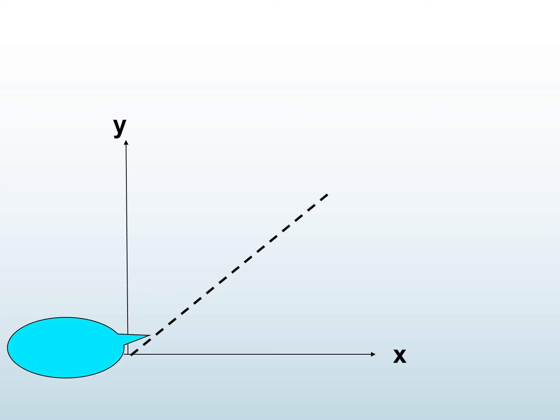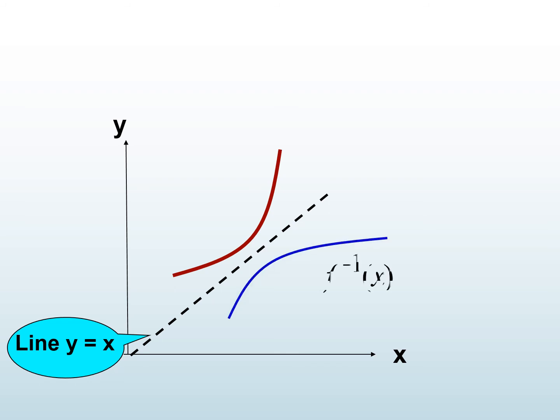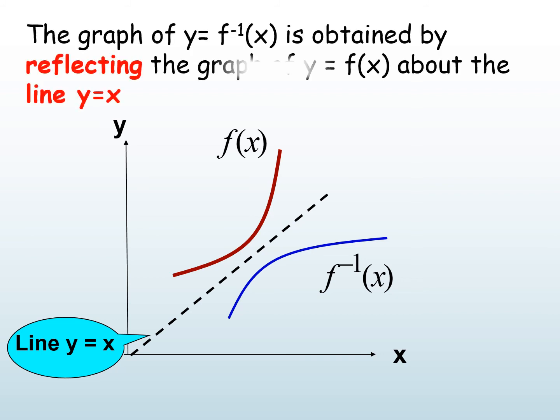That means the point (x, y) of f(x) is changed to (y, x) of f inverse, achieved by reflecting the points about y equals x. The graph of y equals f inverse is obtained by reflecting the graph of y equals f(x) about the line y equals x.